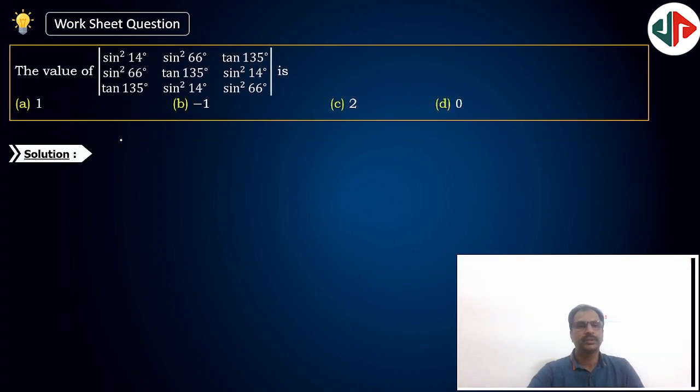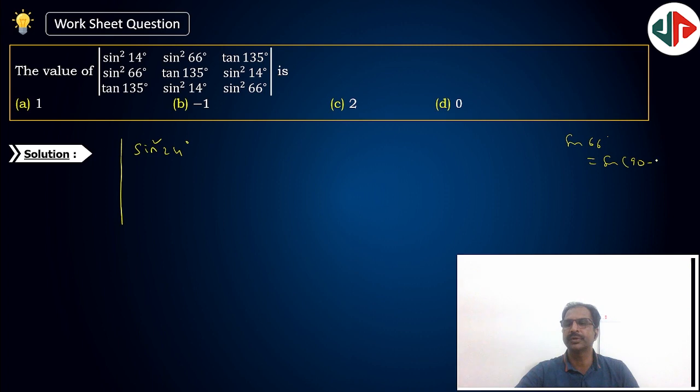Now there is a mistake here. It is not 14 degrees, it should be 24 degrees. So sine square 24. Sine 66 can be written as 90 minus 24, and sine of 90 minus theta is nothing but cos theta. So this is cos 24, so cos square 24.